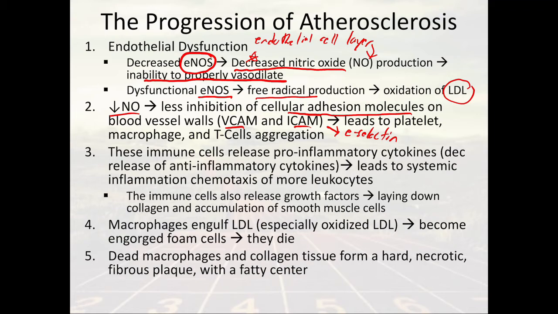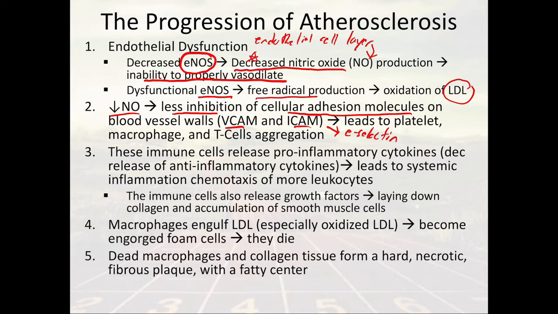Think of these as little flags that cells send out on the surface of the cell into the blood to call in the immune system. They say, we need help down here, we've got a problem. When there's plenty of nitric oxide being produced, it inhibits these molecules from coming out. But when there's not as much nitric oxide, we don't inhibit that, so there's less inhibition of these cellular adhesion molecules.